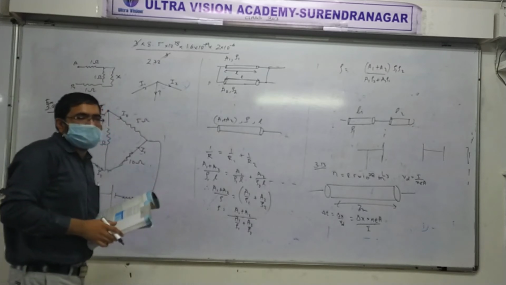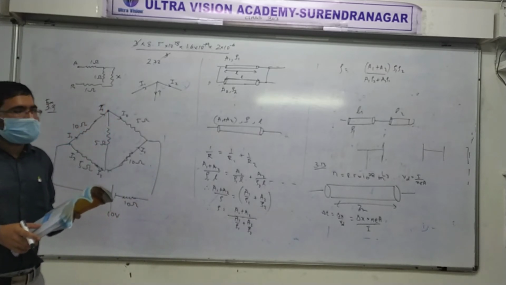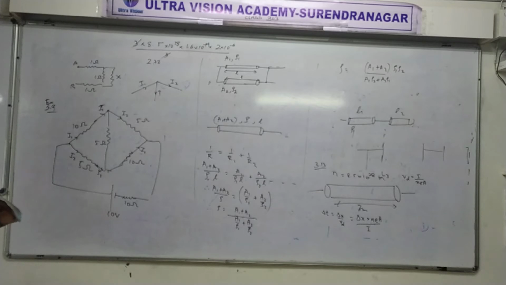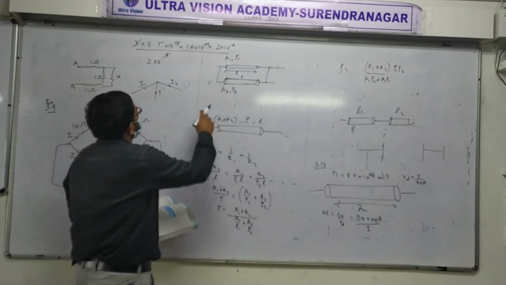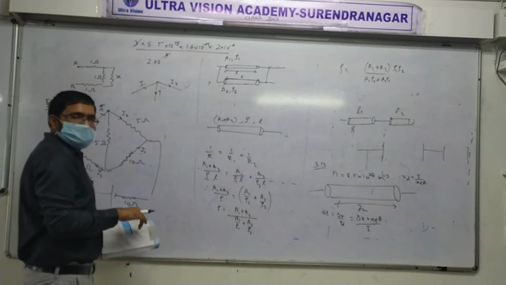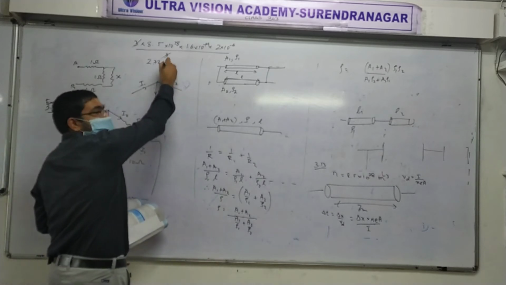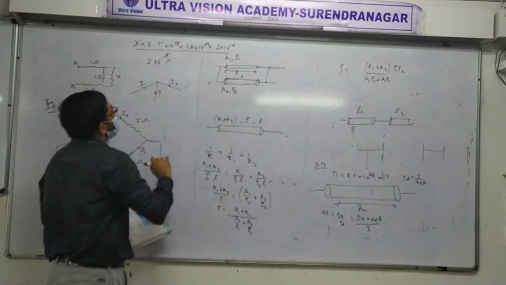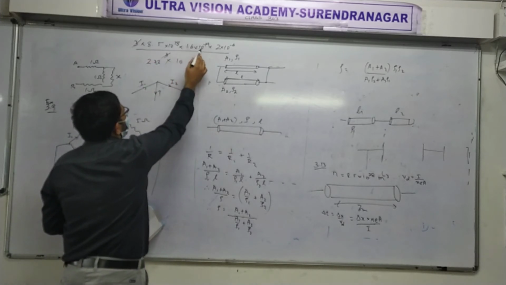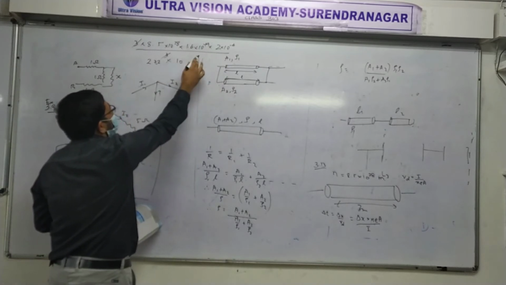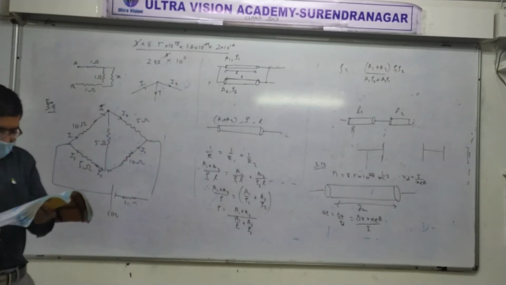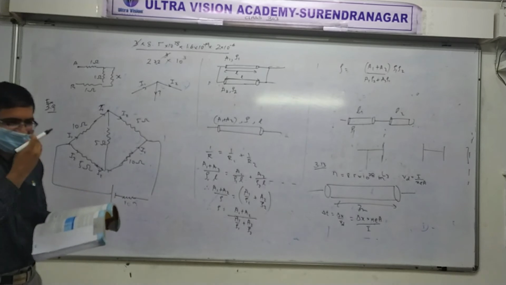So 2.72 into 10 raised to 28 minus 19 minus 6, that is minus 9 and plus 3. So 27.2 into 10 raised to 3 seconds.